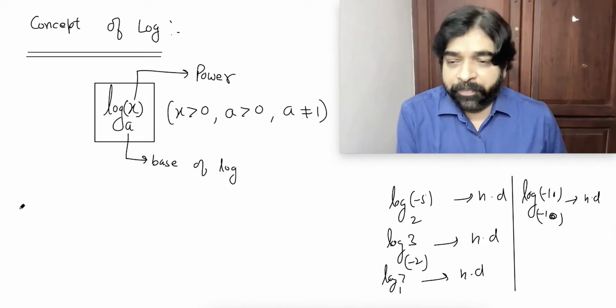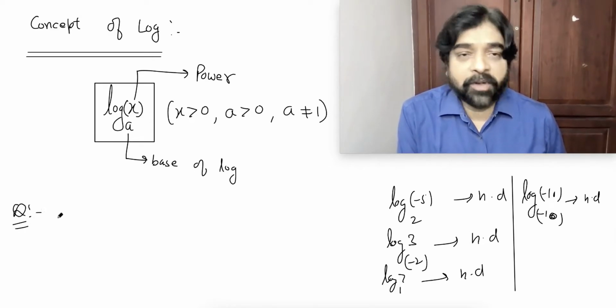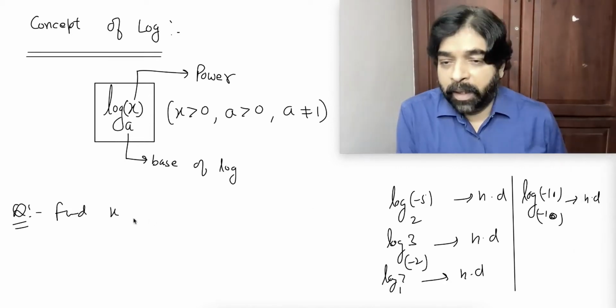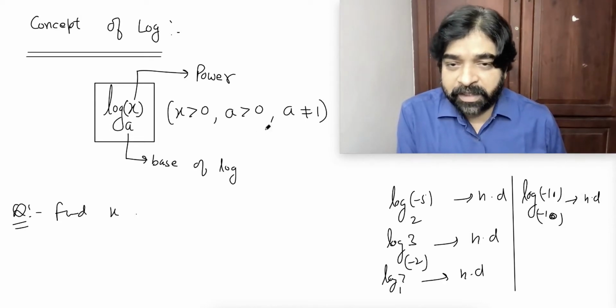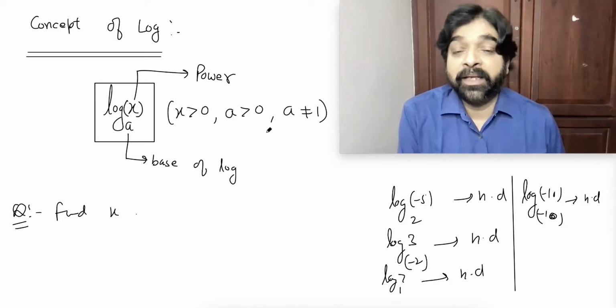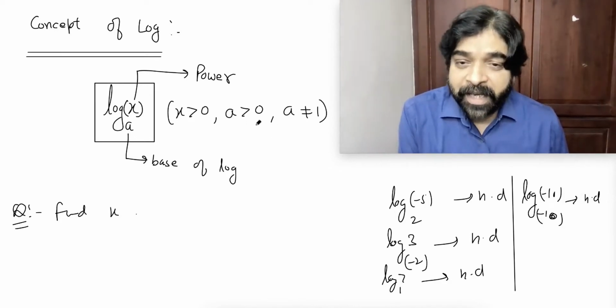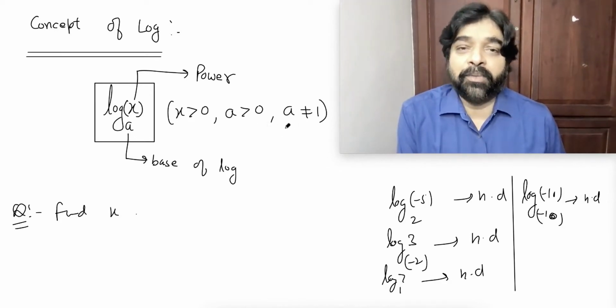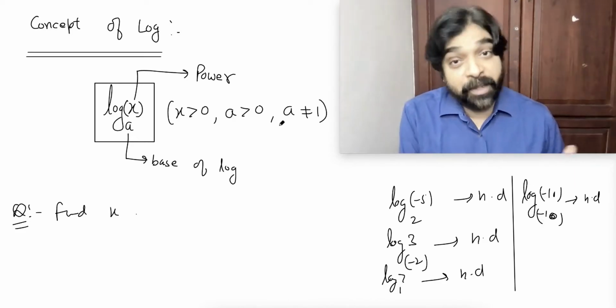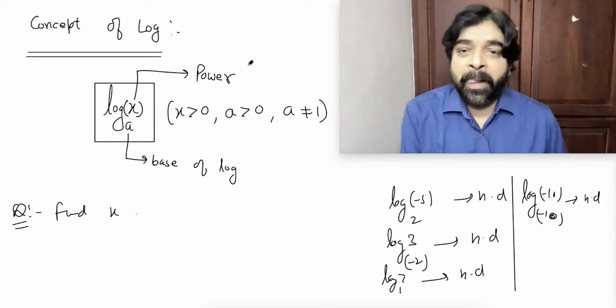For example, if a simple straightforward question comes, find x. One person is asking a doubt, sir, can a be between 0 and 1? Arey bhai, if I am saying a greater than 0, not equal to 1, so a can be 1 by 2, a can be 1 by 3, a can be 1 by 5, a can be 2, a can be 5.